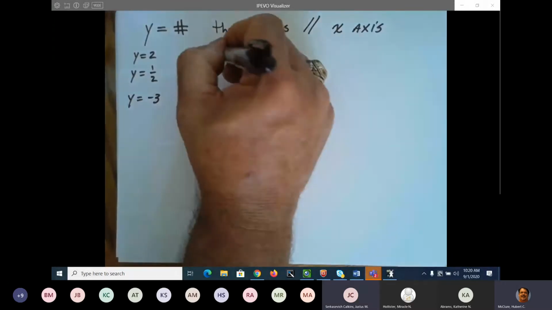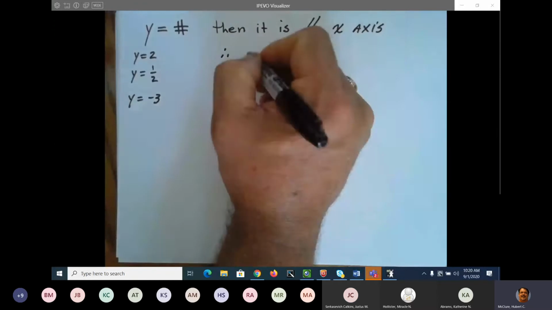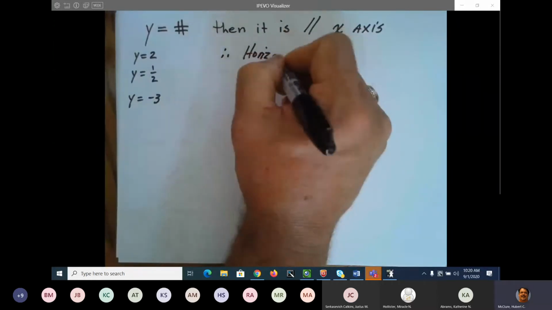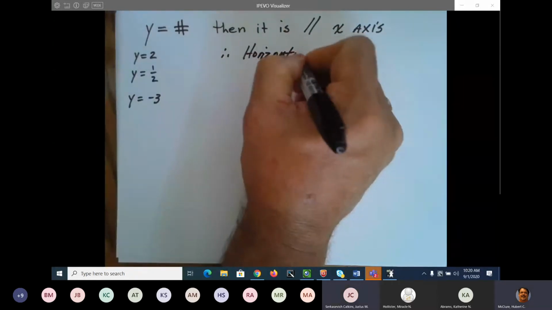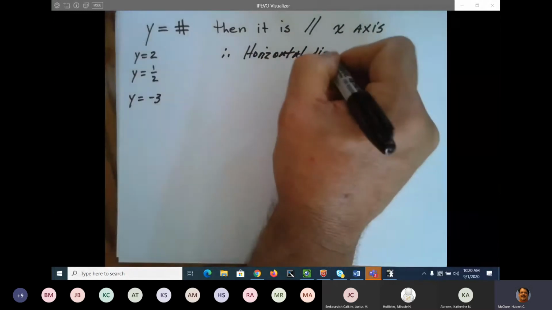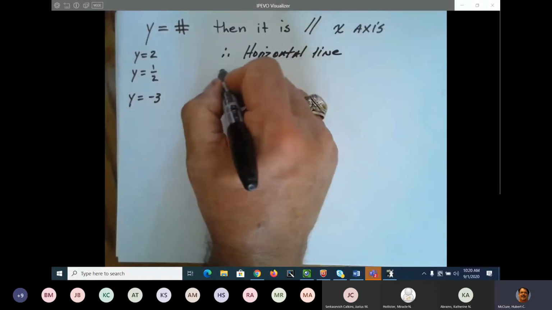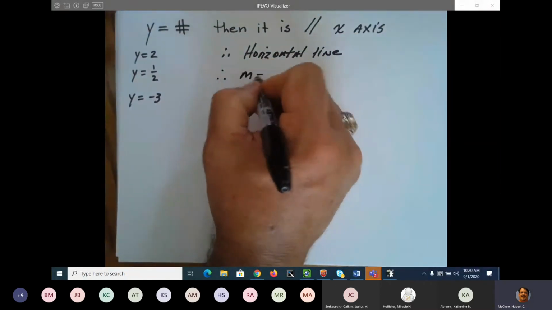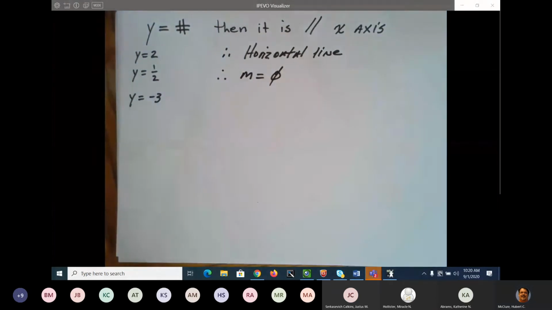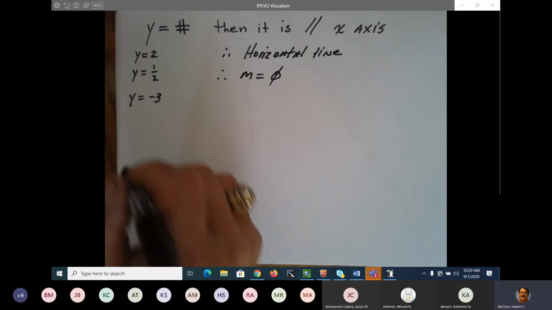Therefore, it is a horizontal line. If it's a horizontal line, that means that the slope is equal to 0. So you need to write that down because y'all are going to forget it.